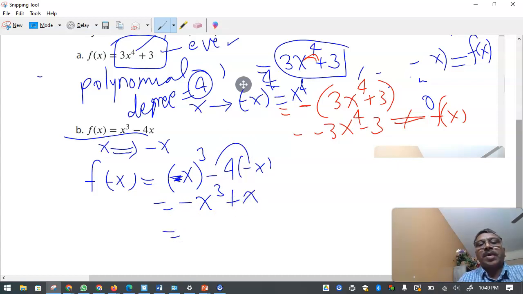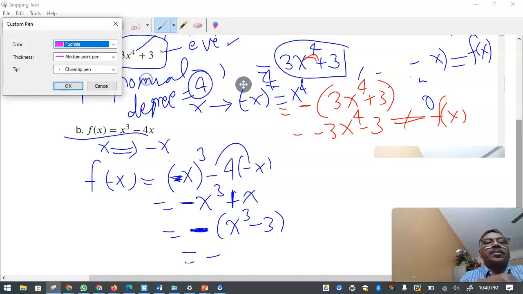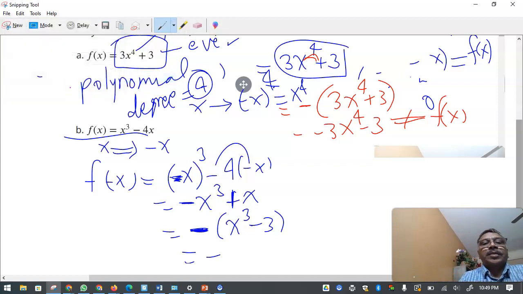So we can write this as minus of. There's a minus and there's a plus. You undo the distributive property and write this as x raised to 3 minus, and inside, I'm sorry, this is 4x.